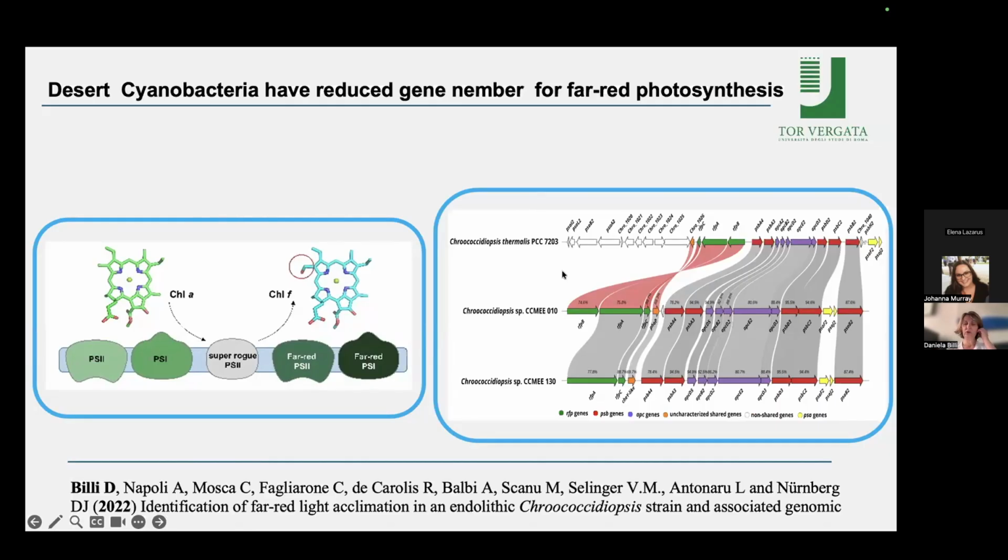And compared to Chroococcidiopsis thermalis, a strain that has been isolated not from the desert but from soil in Germany, which has a far-red light cluster of 20 genes, the desert strains of Chroococcidiopsis have a reduced number of genes.